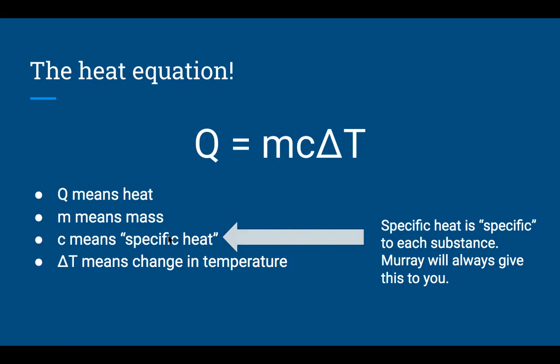The next Ed Puzzle video is going to get a little bit more into specific heat. But for right now, you just need to know that you need to plug it into the equation. It's also important to note that I'm always either going to give you this value of c, or you'll have to use algebra to isolate it, get it by itself in the equation, and then solve for it. You'll always have the other three if you're trying to solve for one of them.